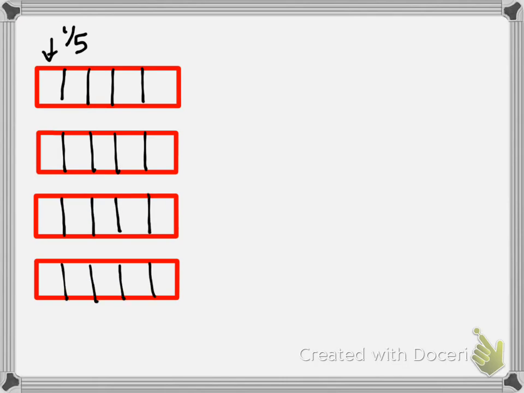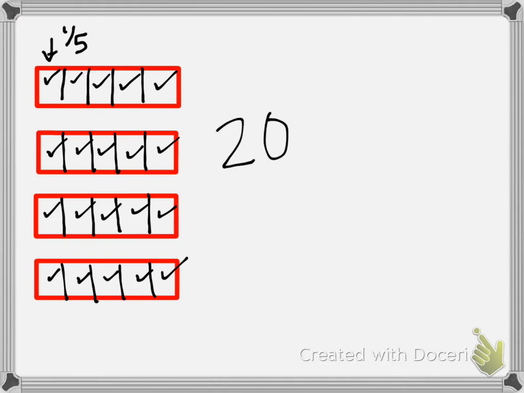Then we're going to count how many parts we have: 1, 2, 3, 4, 5, 6, 7, 8, 9, 10, 11, 12, 13, 14, 15, 16, 17, 18, 19, 20. So 20 friends will be able to get some of his Skittles.